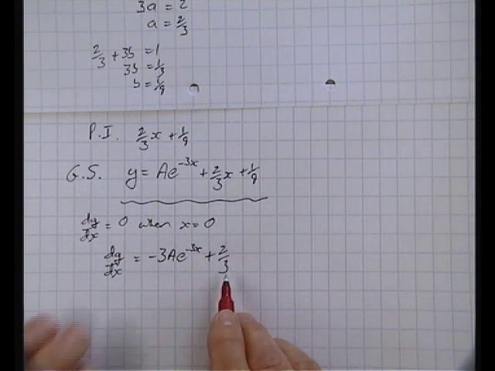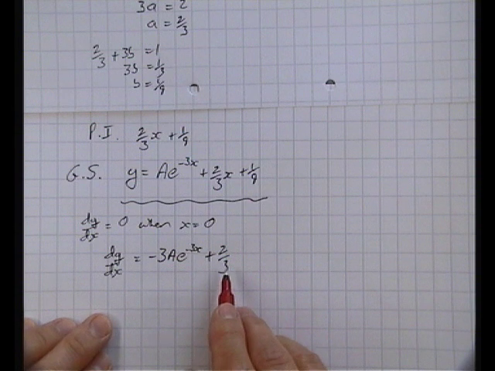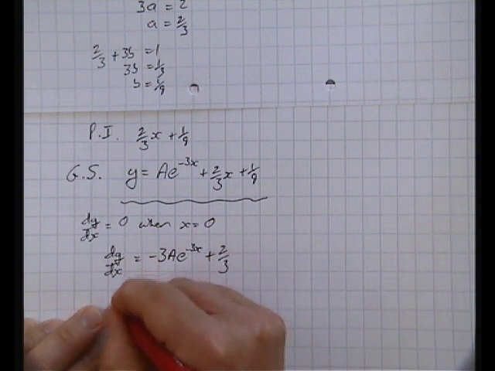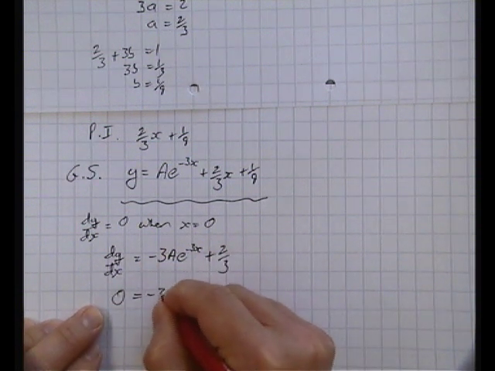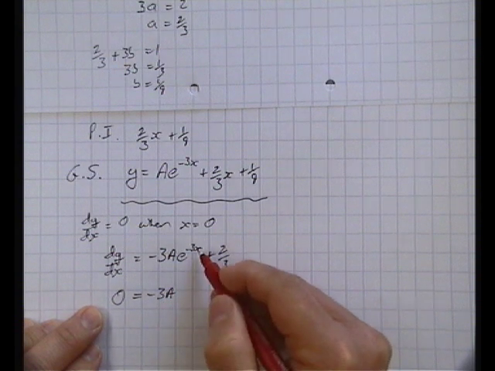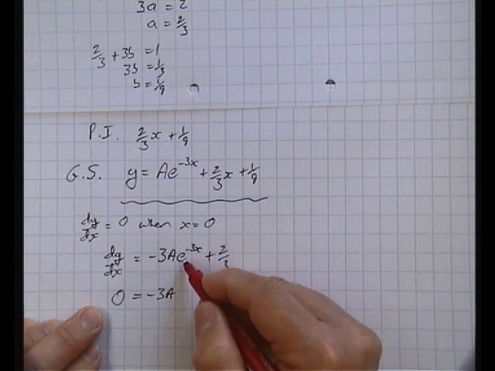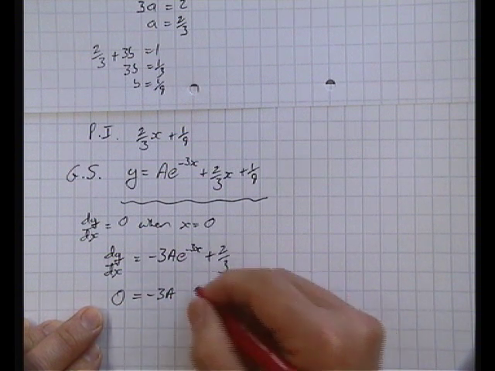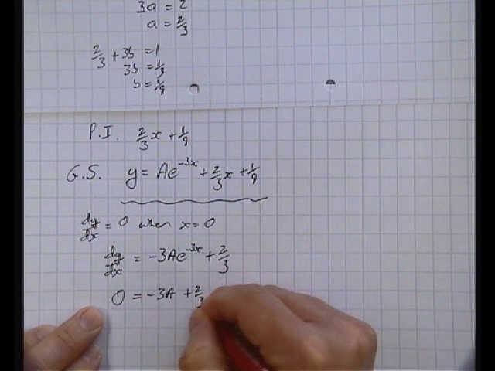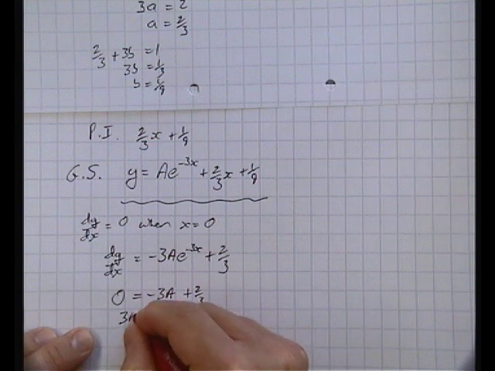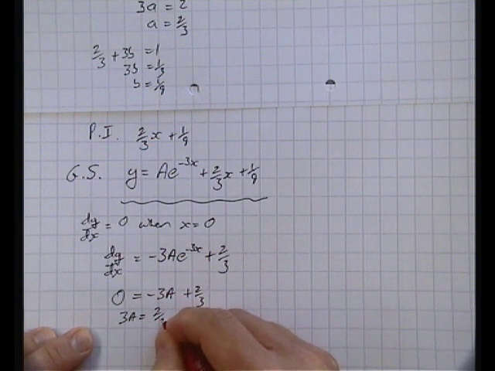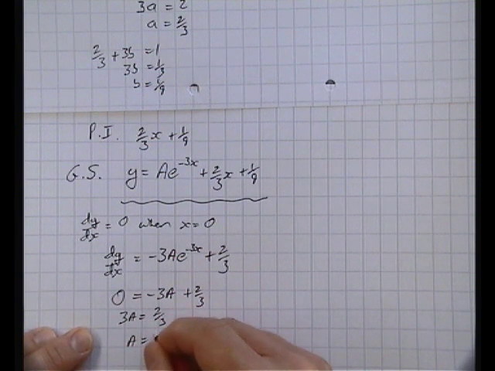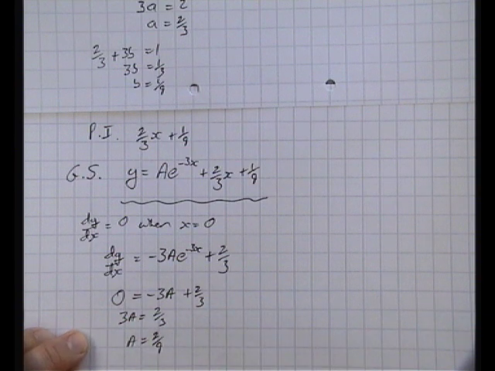Now, we know that's equal to 0 when x is 0. So I can say 0 equals minus 3A, when I put x equals 0 in, I've got e to the 0, which is just 1. So I've got minus 3A plus 2/3. Rearrange this, I've got 3A equals 2/3, and A equals 2/9.